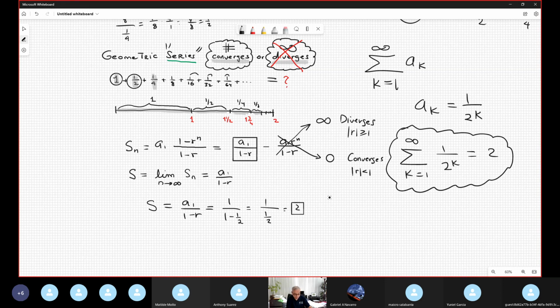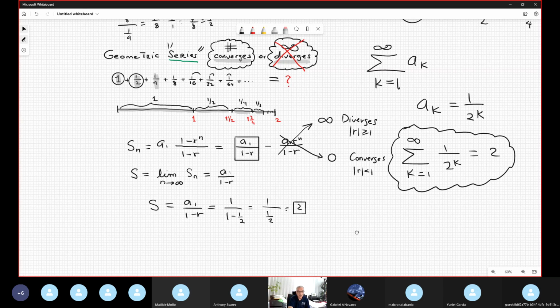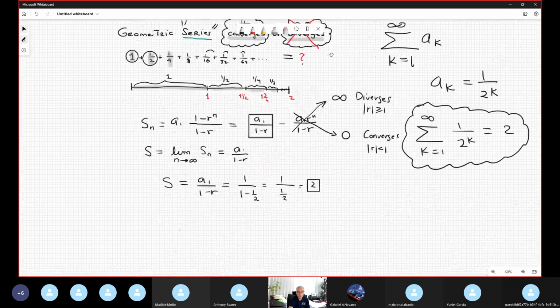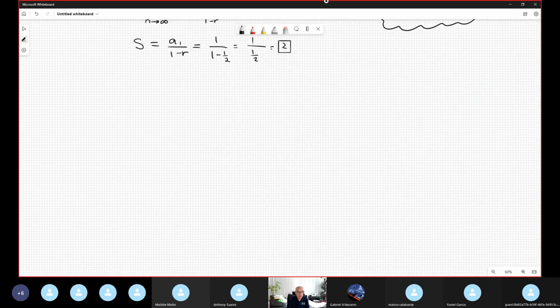Wow, fantastic. Okay, let me try 1, 2, 3 examples of this. Suppose: determine whether the geometric series converges or diverges. Another example. Example 4 is given this: 2 plus 4/3 plus 8/9 plus and so on.